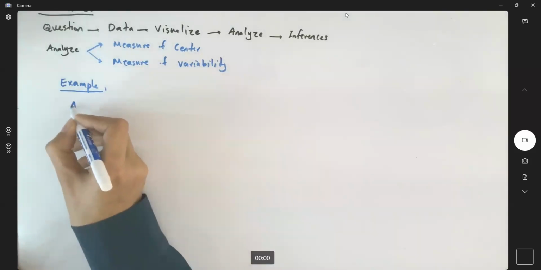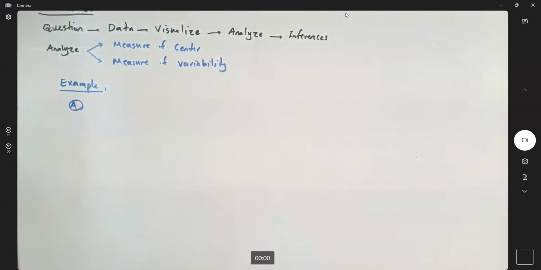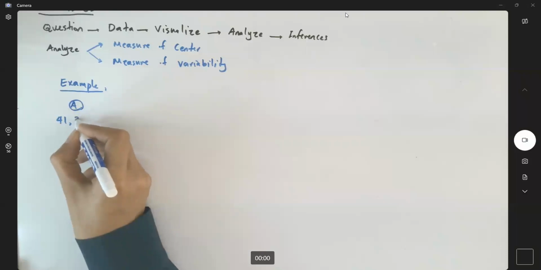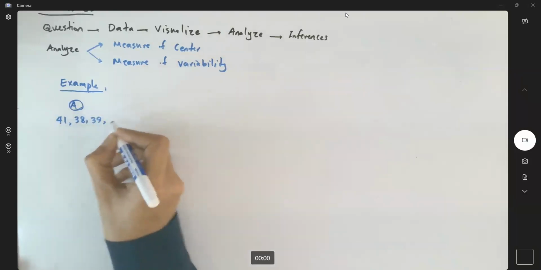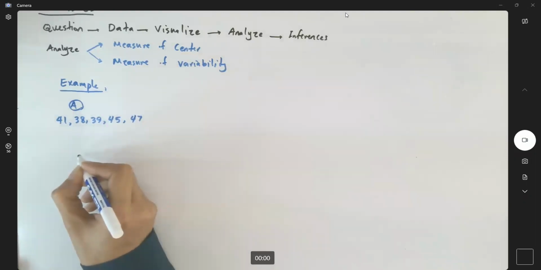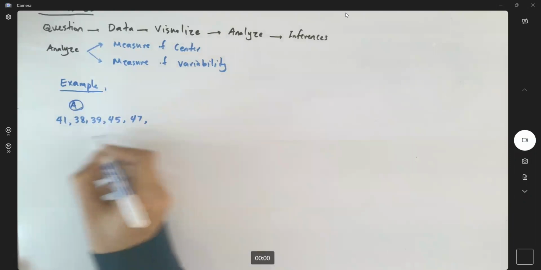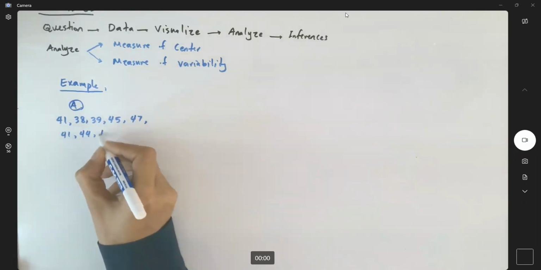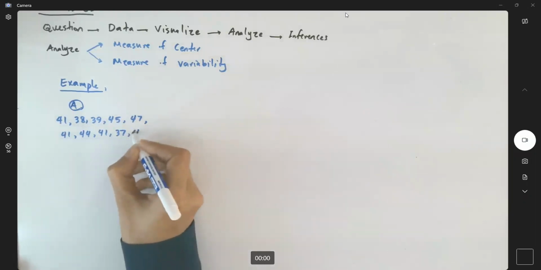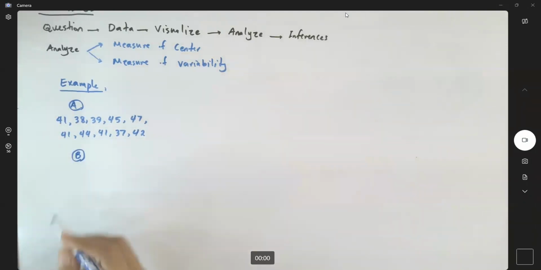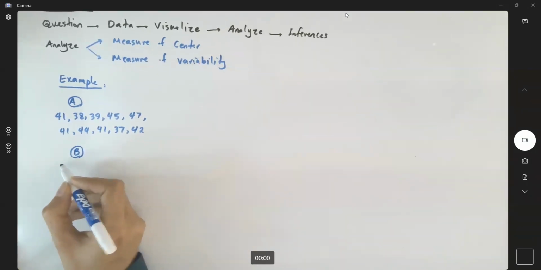So this is corporation A with the information written down as 41, 38, 39, these are $1,000 starting salary, 47, 41, 44, 41, 37, and 42. And the second corporation has the following starting salaries.